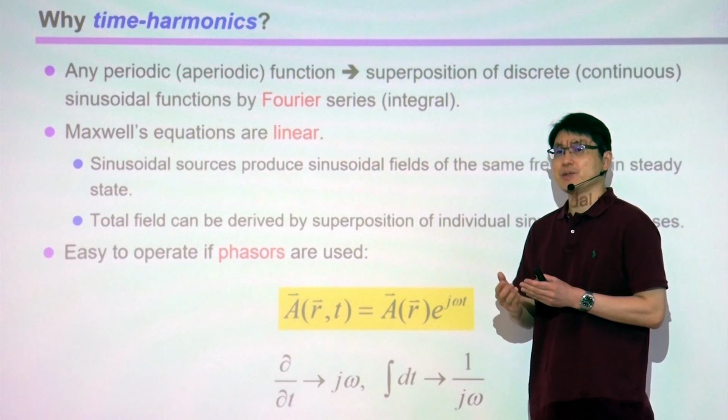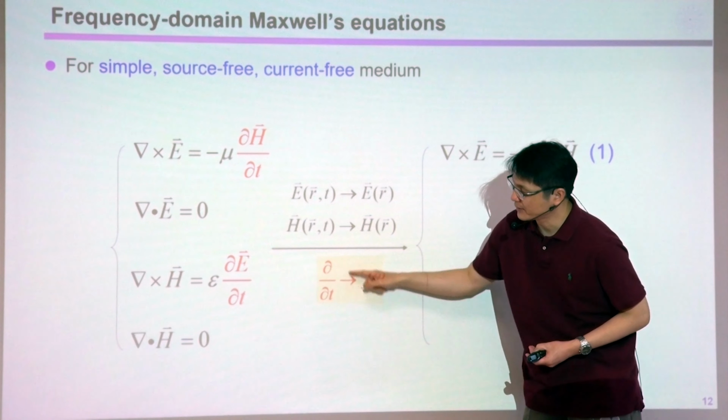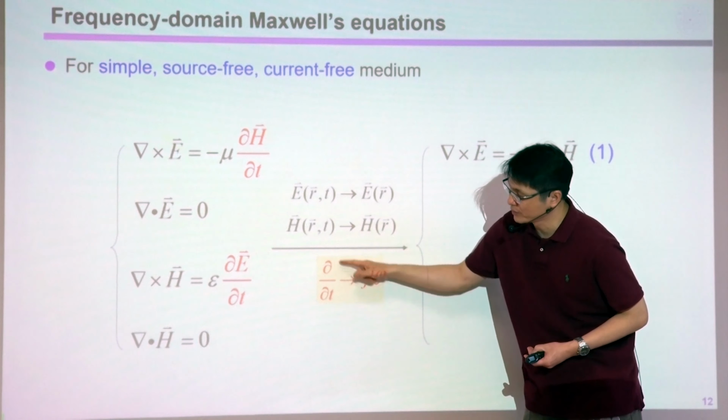So we now use phasor notations for E field and H field. Okay. So the first equation written in the phasor notation now reads curl of E is equal to negative j omega mu H. Right? We're only replacing the fields with phasors. So now whenever we have a temporal derivative, we have a multiplication of j omega.